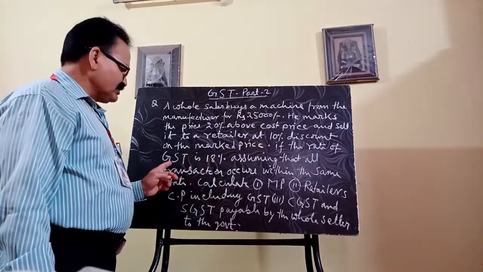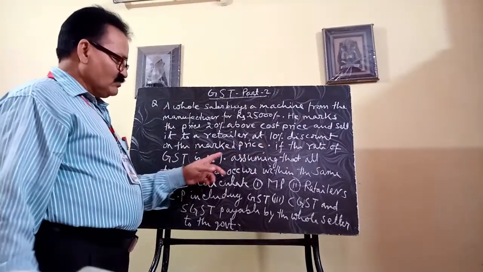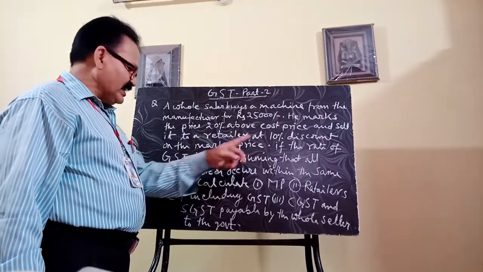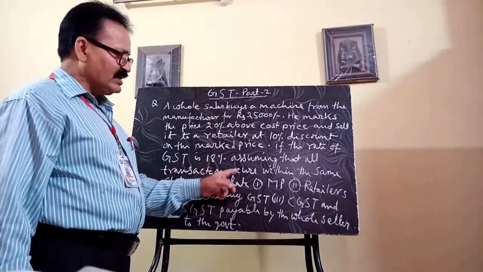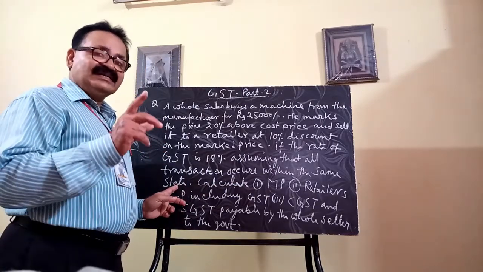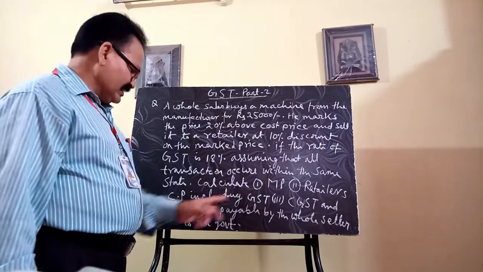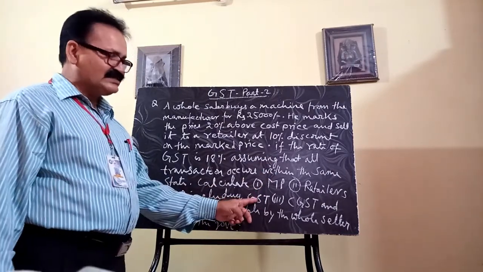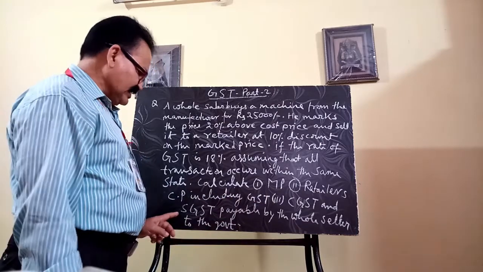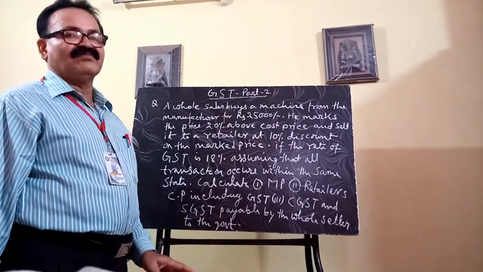If the rate of GST is 18%, and assuming that all transactions occur within the same state, that means this is intra-state, then calculate MP, the retailer's CP inclusive of GST, and the CGST and SGST payable by the seller to the government.